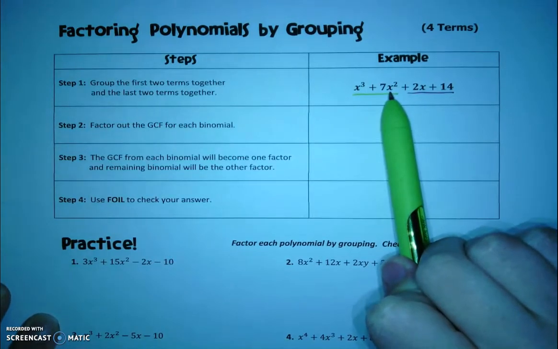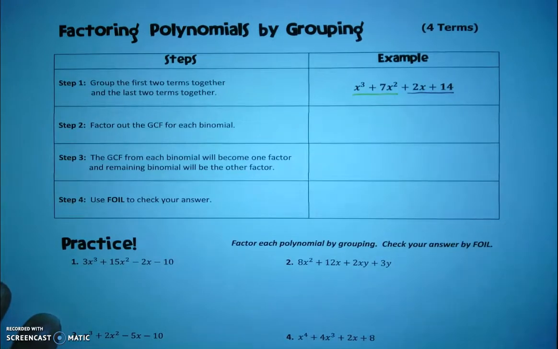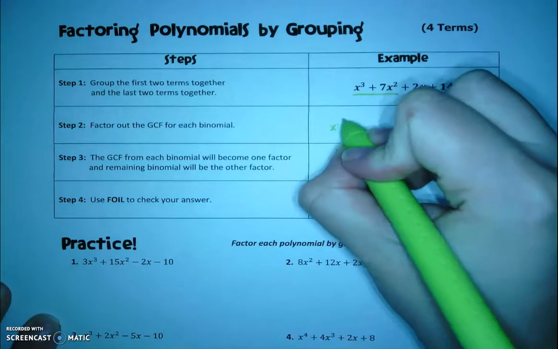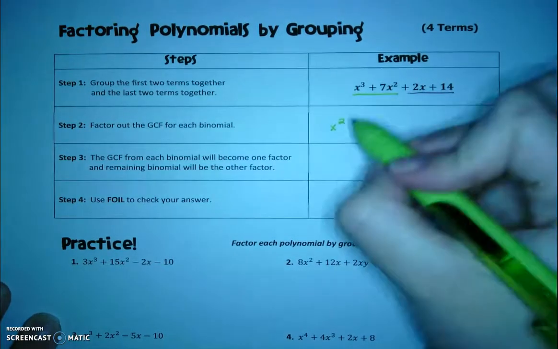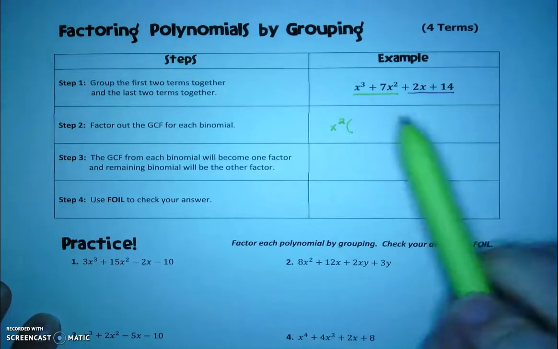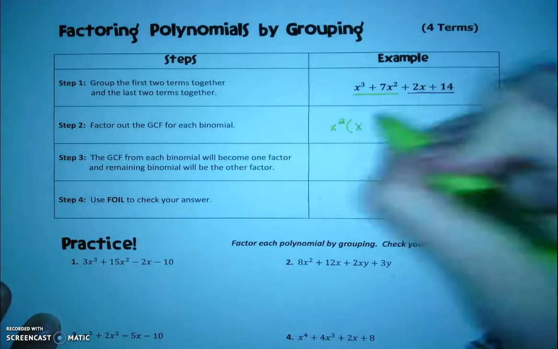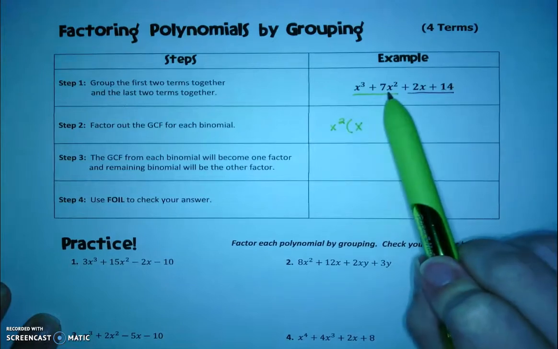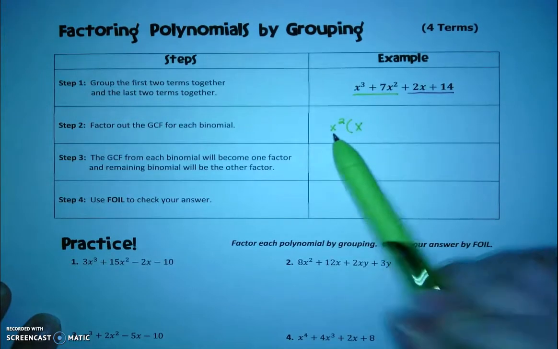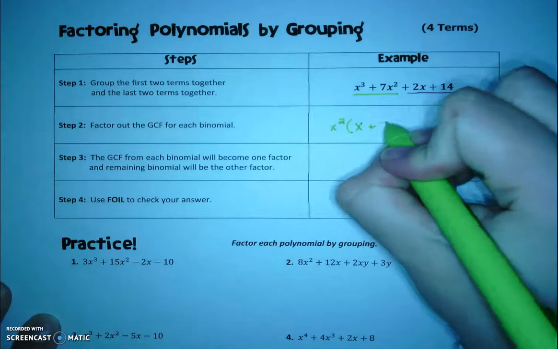Remember, when we have the same variable, we take the smaller of the exponents. So that's my x squared. I'm going to factor out x squared for these 2 terms. When I do x cubed divided by x squared, that leaves me with a single x. And when I do 7x squared divided by x squared, that leaves me with positive 7.